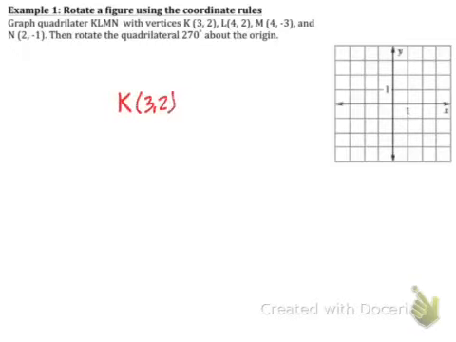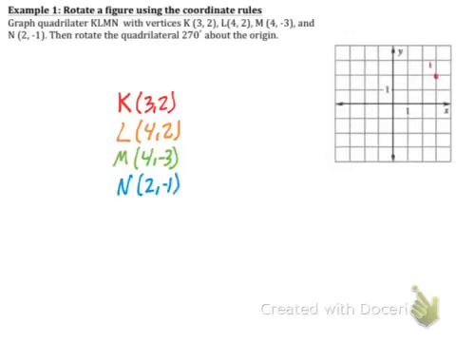I'll speed up the process because I just like to have them off the page. Beautiful. Then I'm going to graph each coordinate, K, L, M, and then N. Okay, connecting all my vertices together.